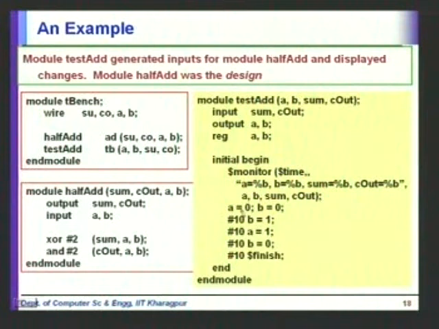Because these are registers. After 10 units of time, the value of A is still held at 0, so A equal to 0, B equal to 1. And then after another 10 units of time, the value of B is still 1 because it has been stored in the register. So you are testing for all these 4 test scenarios and then you are going to $finish.